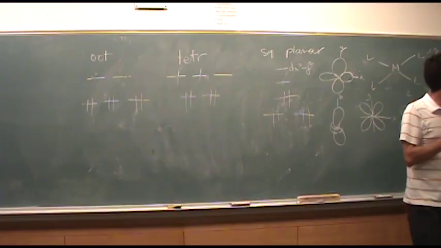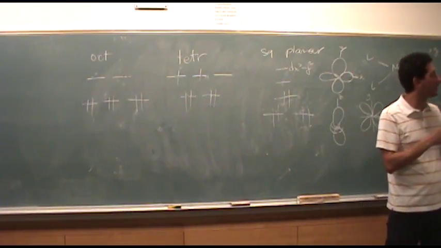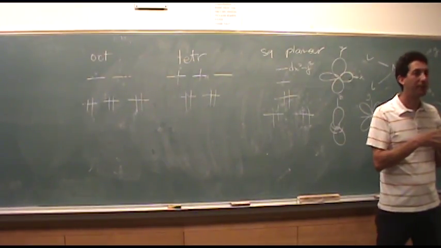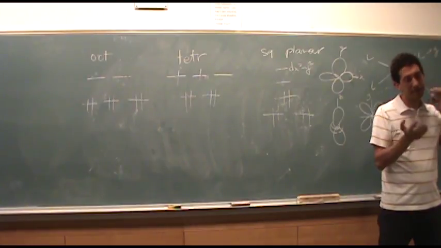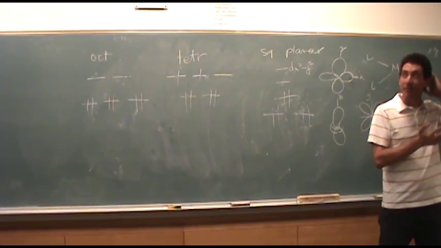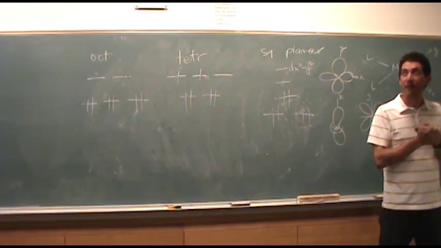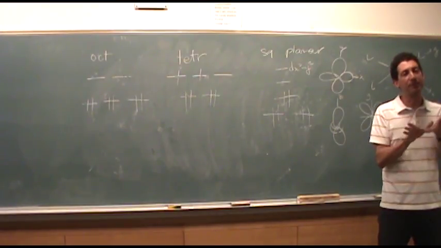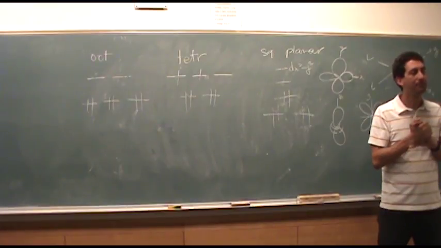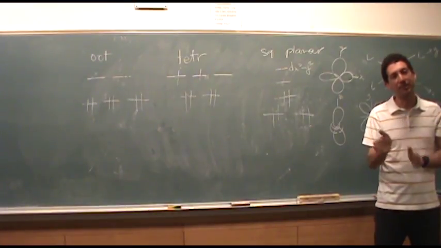It's a little easier to look at Z, the atomic number, because that's usually what you're plotting on the belt of stability. You plot Z versus the number of neutrons.